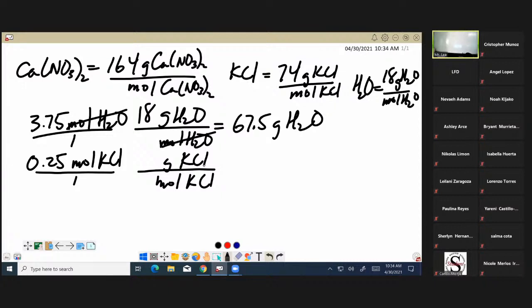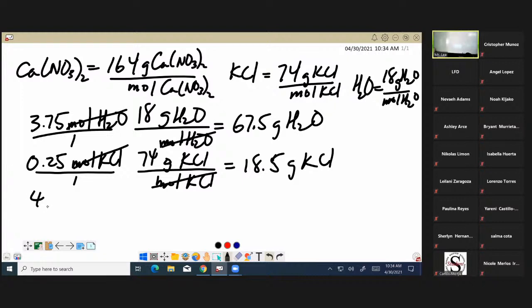You sit there on the free throw line and just do nothing but free throws over and over and over again until you start getting them correctly. So this is 0.25 times 74 is 18.5 grams of KCl, right?